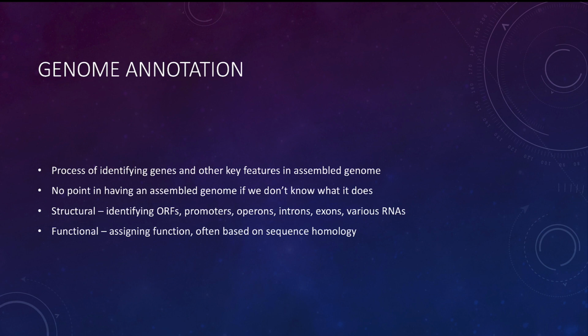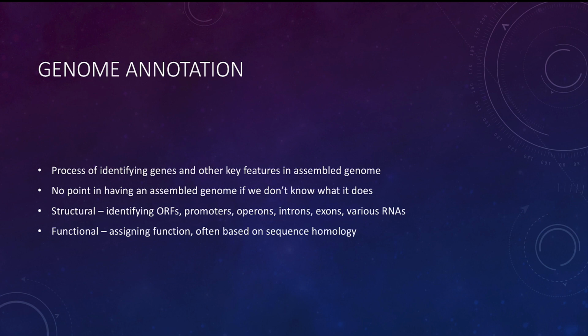There are two types of annotation that we're going to do when we do our annotation. Well, the computer will do it for us, but it's two things that are happening. One is a structural annotation. By structural annotation, what that means is that the computer is looking for, for example, start and stop codons to predict an open reading frame that could be a gene.